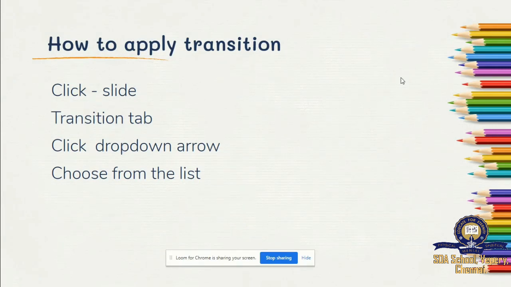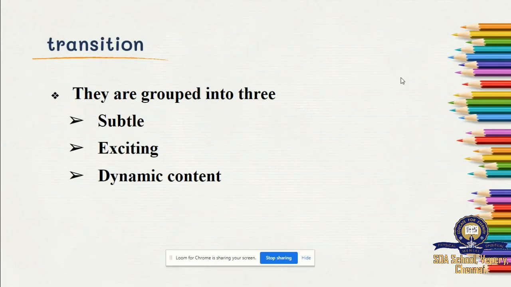That's all about transition. Then inside transition, there are three groups of transition available: subtle, exciting, and dynamic. Subtle is where you'll be viewing your slide in a slow pace, very slow, like soft thing is called supple. So soft viewing, wiping out, splitting, fading, cutting, all those are soft, supple viewing.